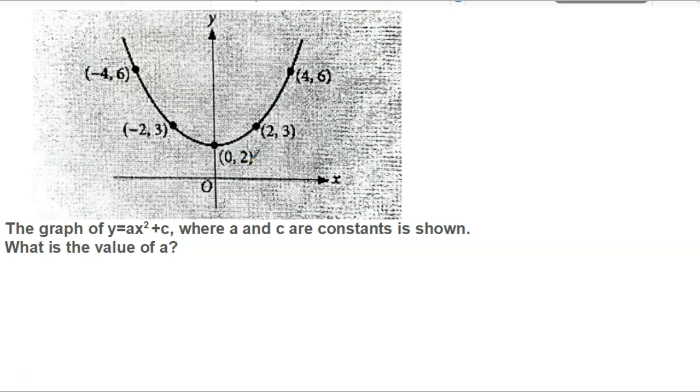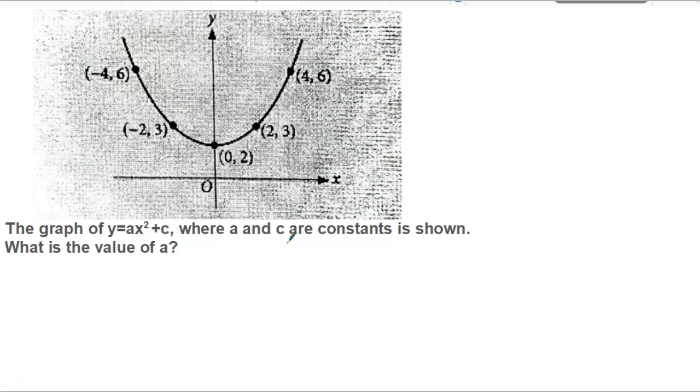If we pick (0, 2), that will help us to find our c very easily, and that will solve most of the problem. Here they didn't give us much information that this is in standard form. If it is in standard form, the c is always where it touches the y-axis. We are not going to go into that, but I want to clear that in case you might be thinking that or commenting on it.